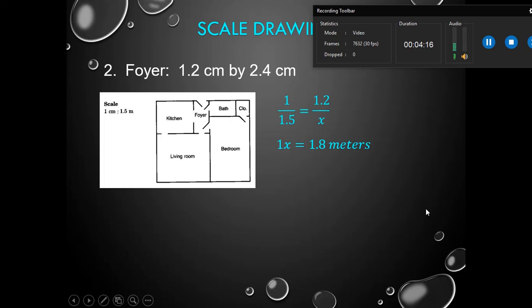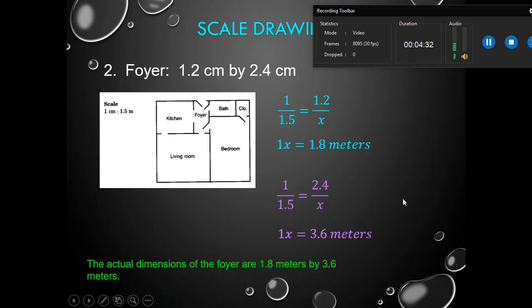We also have to convert the 2.4. So you can see I'm using the same ratio on the left. 2.4 centimeters will go on top. We'll cross multiply. And the other dimension is 3.6 meters. So our actual dimensions for the foyer are 1.8 meters by 3.6 meters.